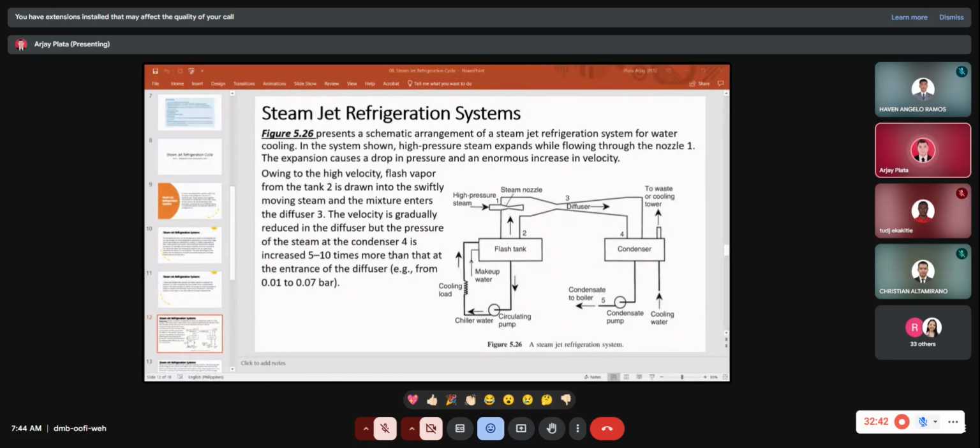For example, as I have said, if the water evaporates at 100 degrees at its saturation pressure, and there is a sudden decrease in pressure, the boiling point of water will also be lowered because of the pressure drop here.